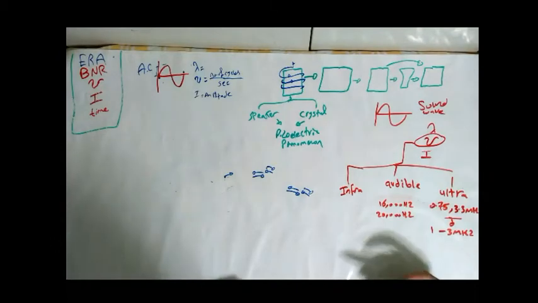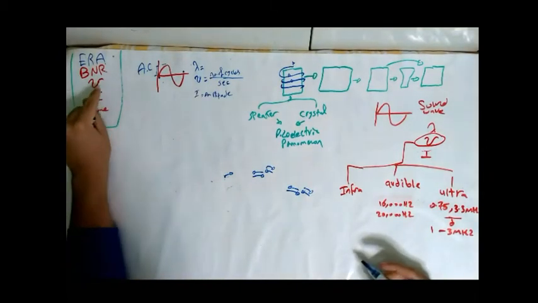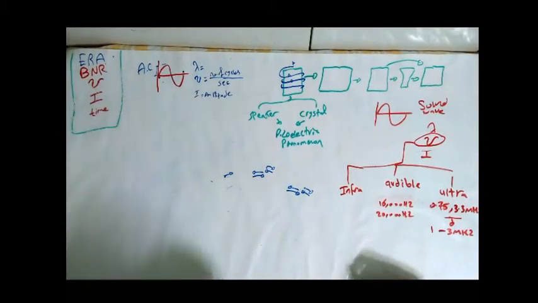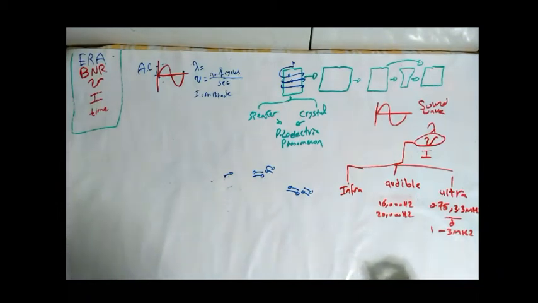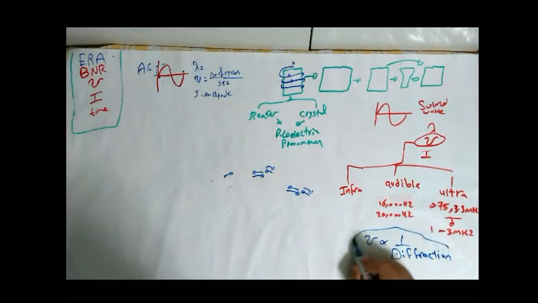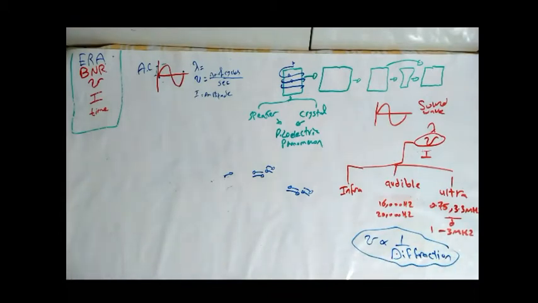In using the parameters of ultrasound, one of the parameters that you must understand is frequency. In ultrasound, there is a relationship between frequency and diffraction. Diffraction is the ability of the sound to bend over corners.